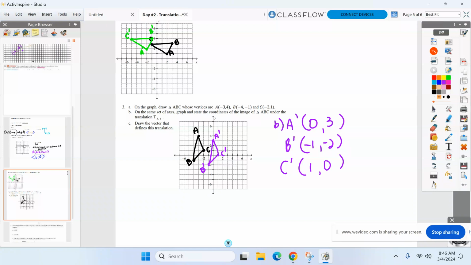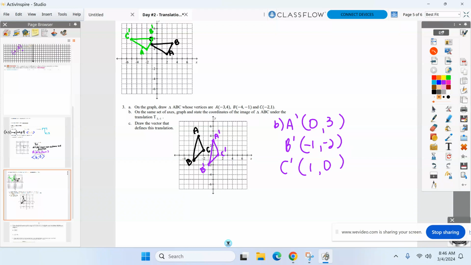So make sure if it does say state on the assignment or on a test or quiz, we state them out. All right. Graph and state. All right, go ahead, finish up. And then we need to talk about some of you guys that are going ahead here.